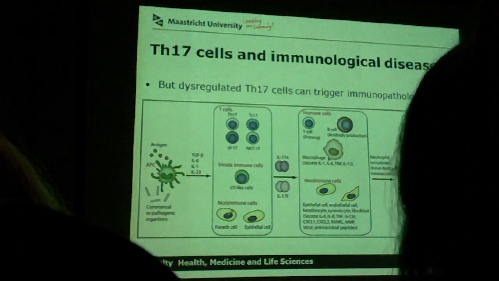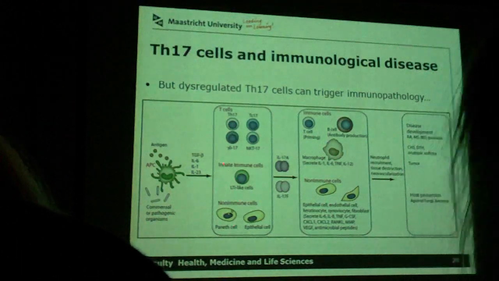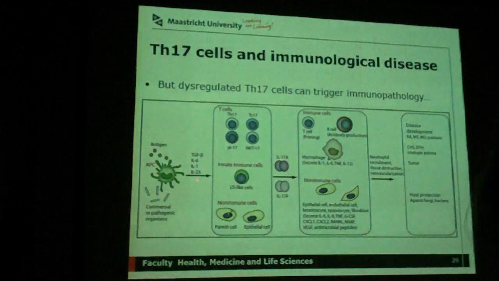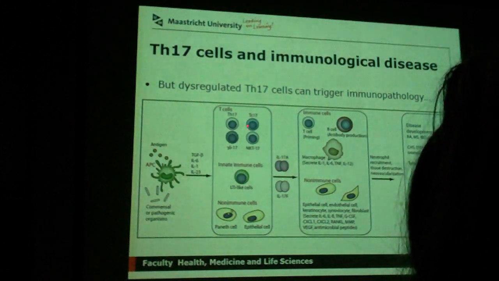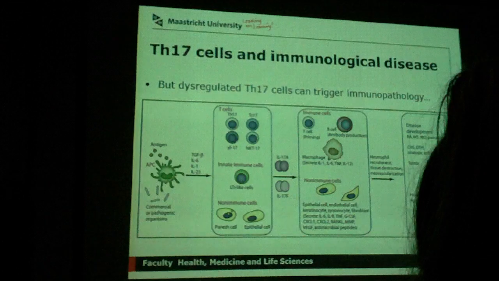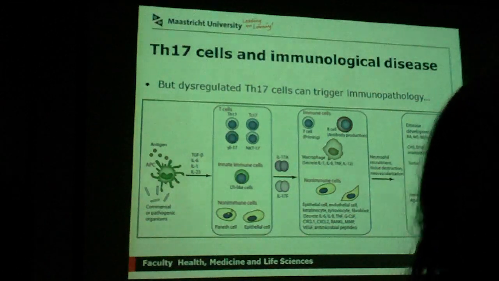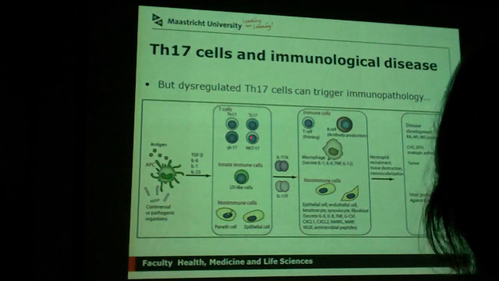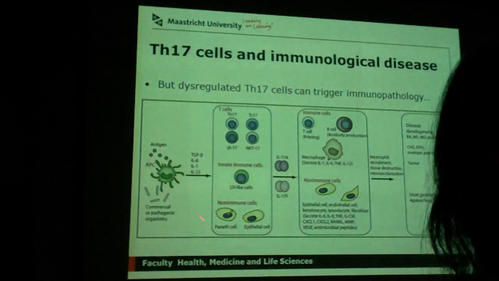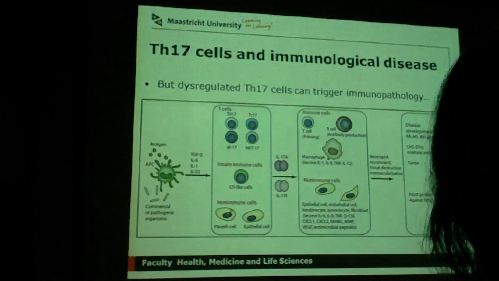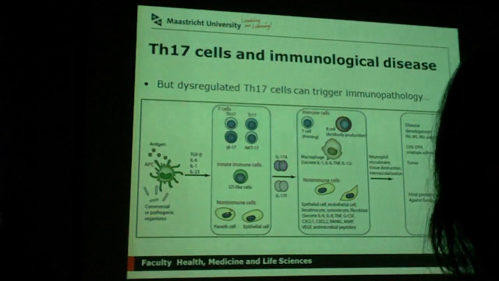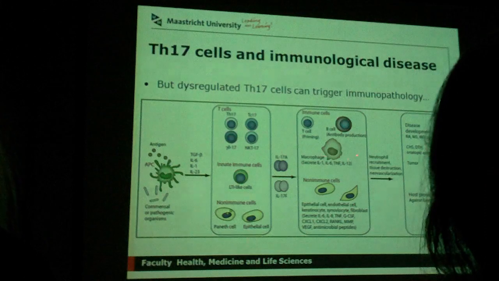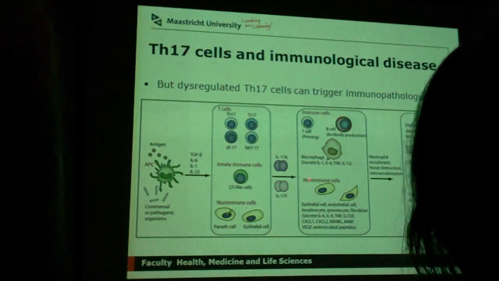So to complicate it a bit further, here you have antigen-presenting cells, cytokines which drive Th17 differentiation. So indeed, T cells will go in the Th17 direction, but there are a lot of different other cells like CD8 T cells, NKT cells, innate immune cells, and non-immune cells, which can also produce this IL-17A and F. This has effects on immune cells like macrophages, but also non-immune cells.